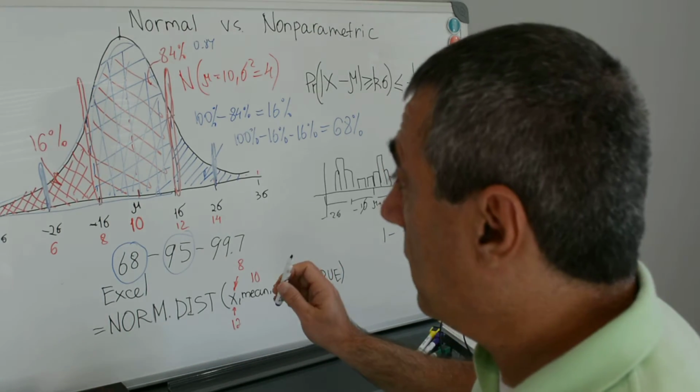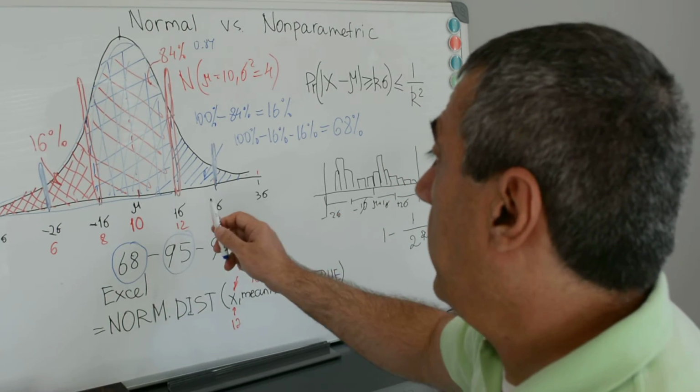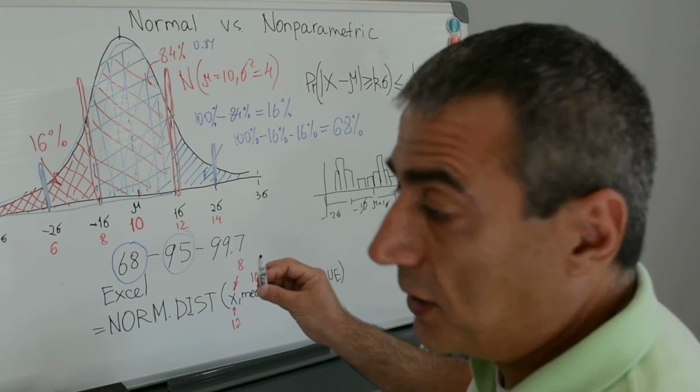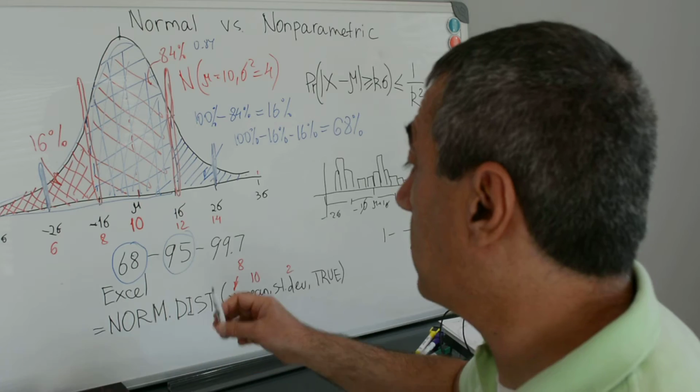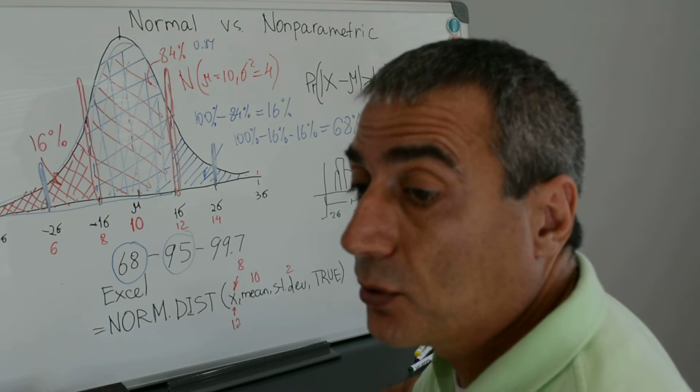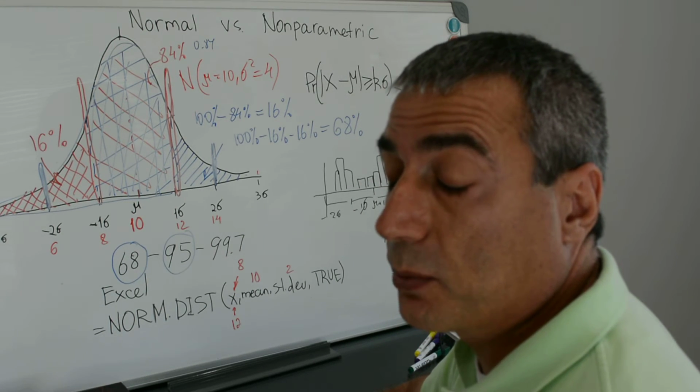In other words, please demonstrate using Excel calculations that the 95% rule is indeed true for normal distribution.